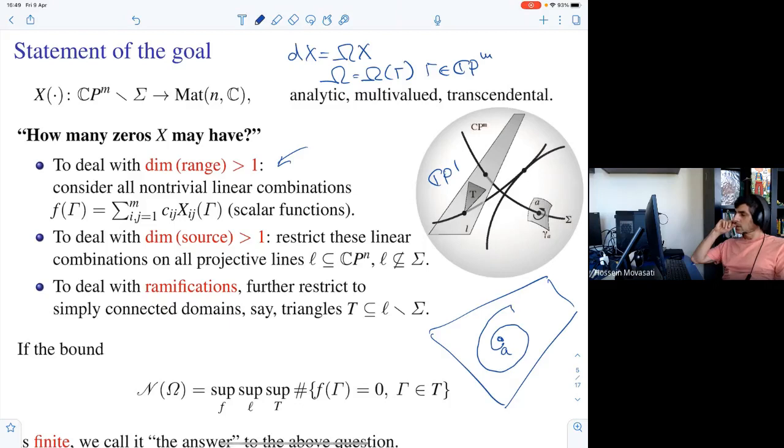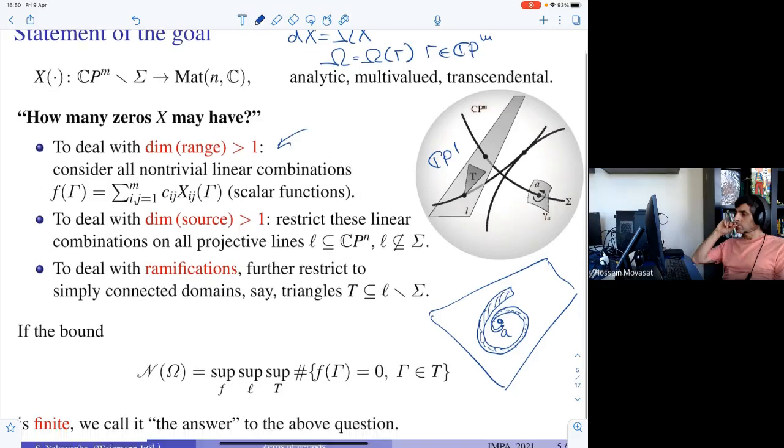So I need to exclude domains which would be spiraling around my singular point. A spiraling domain is an illegal situation. I can give immediate examples showing that you can count the number of zeros on each floor of the Riemann surface. But if you have an infinite staircase, then you can easily get an infinite number of zeros that never coincide with each other, that coexist with each other.